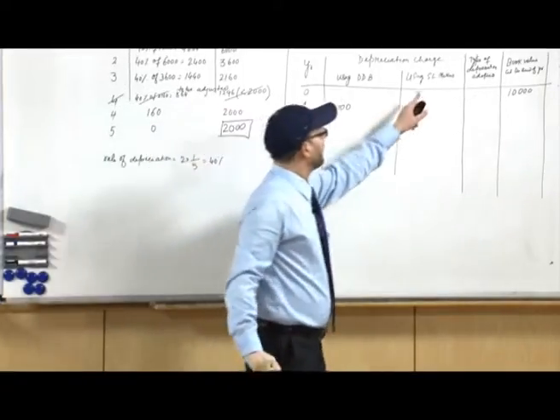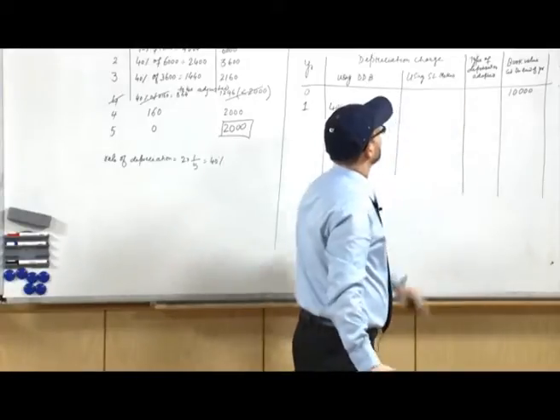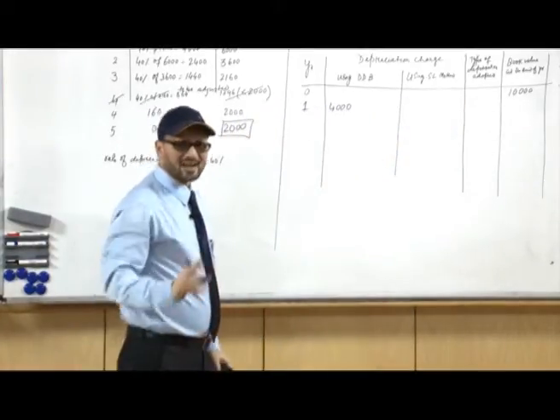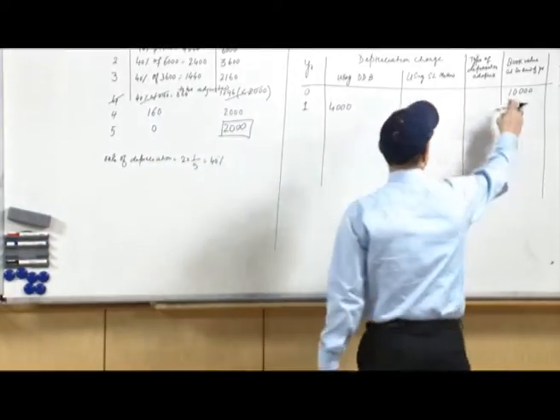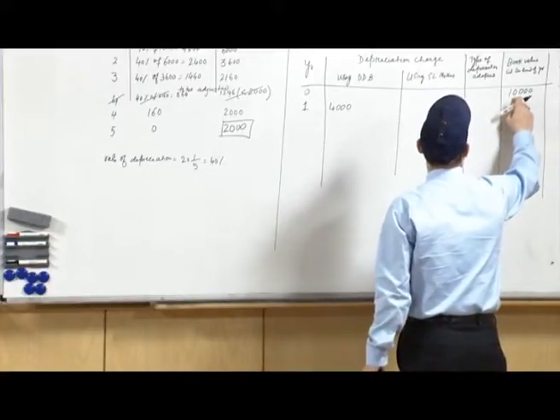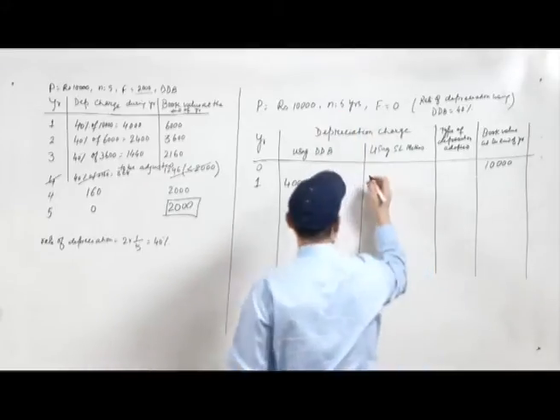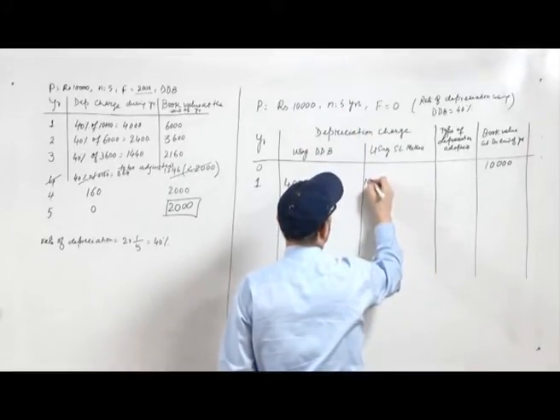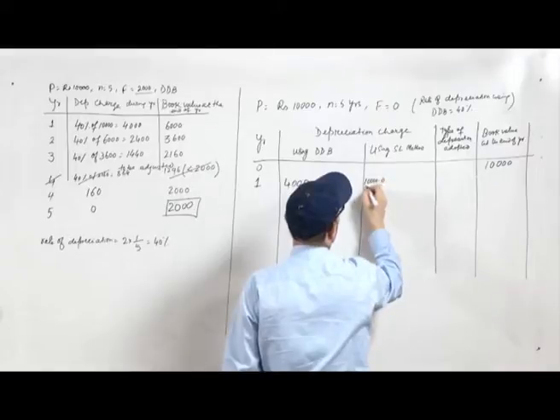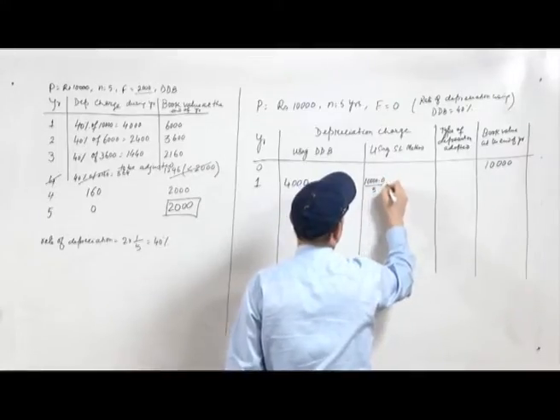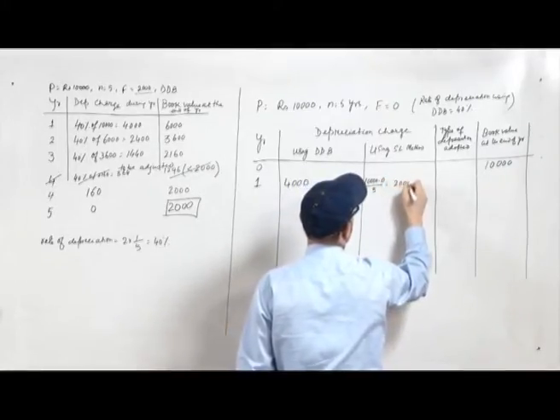If we calculate the straight line method, the amount of depreciation will be 10,000 minus 0, divided by the 5 years of life left, that is 2,000.